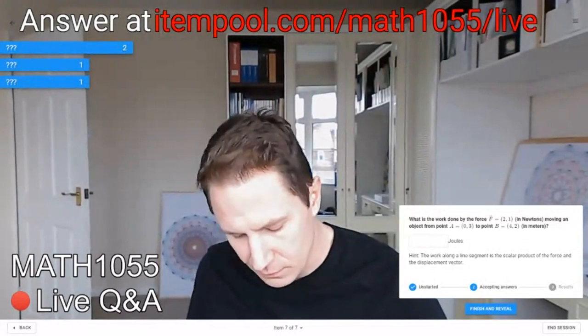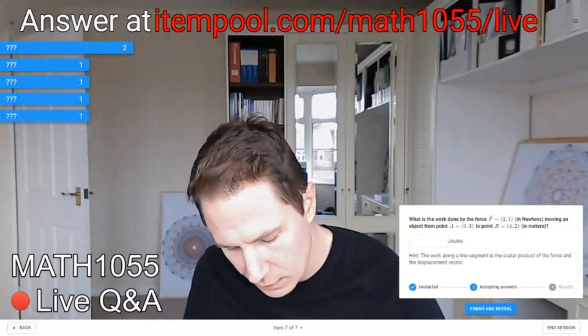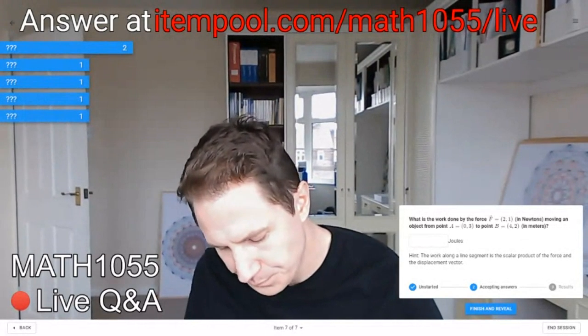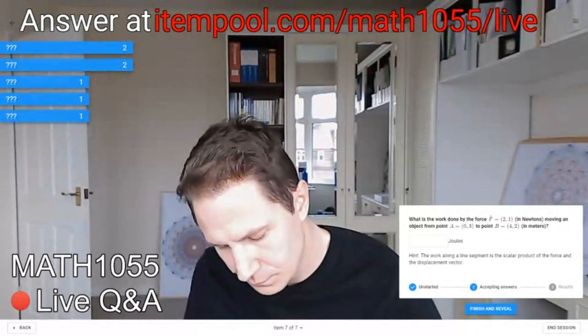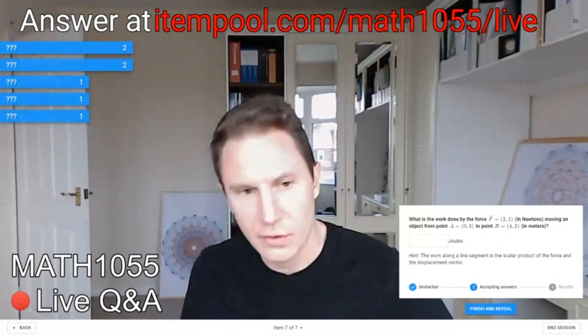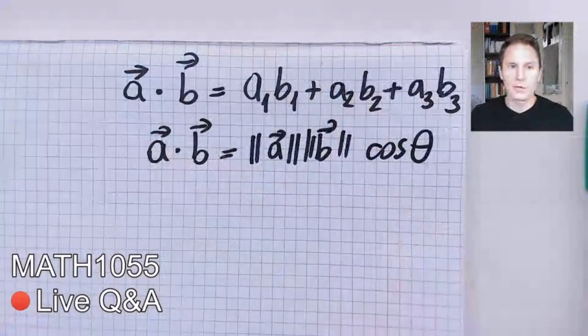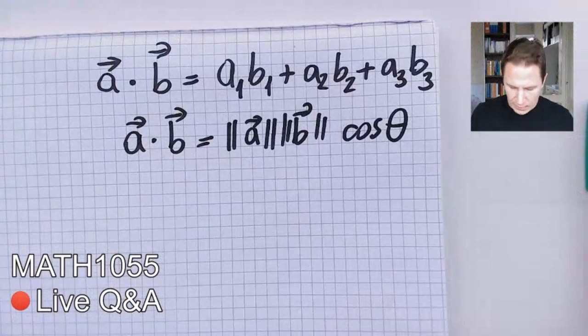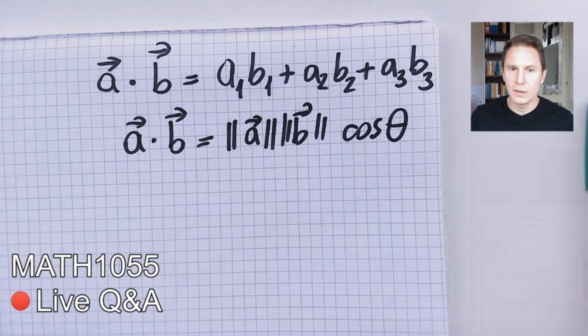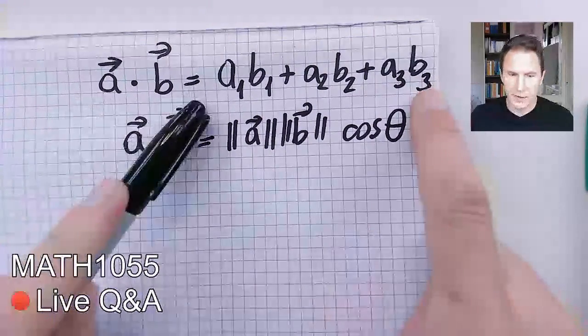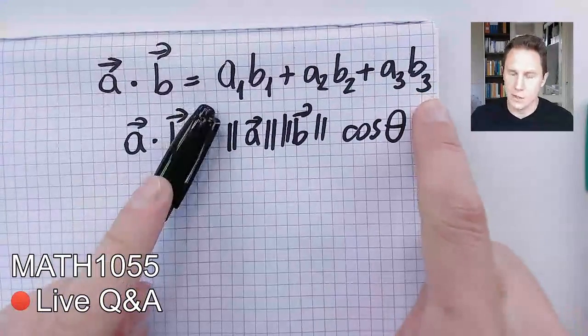If you have two vectors in space or in the plane, so if you have two vectors, vector A and vector B, with coordinates A1, A2, and A3, and B1, B2, and B3, you could calculate the scalar product in such a way.